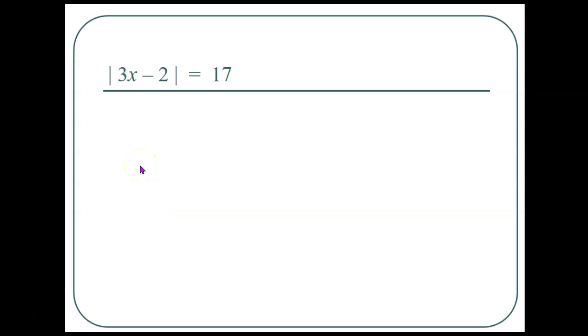Let's try this one. The absolute value of 3x minus 2 equals 17. So what can you say about 3x minus 2? What are the two possibilities? 3x minus 2 equals 17, or 3x minus 2 equals -17. Now we just have to solve each little equation.